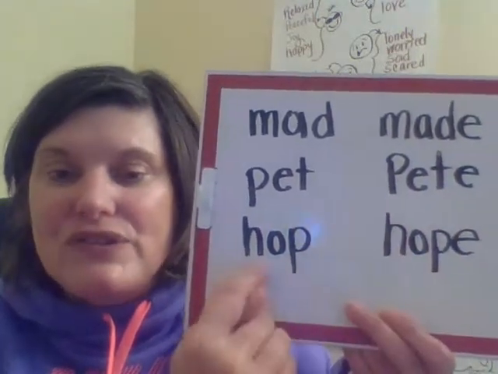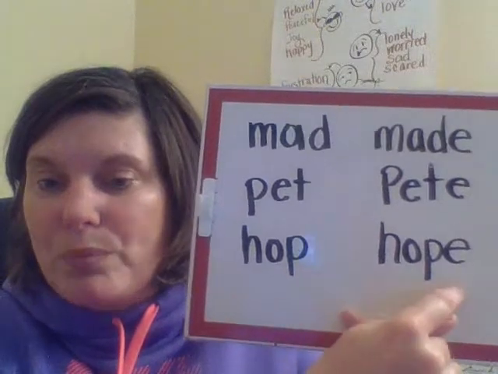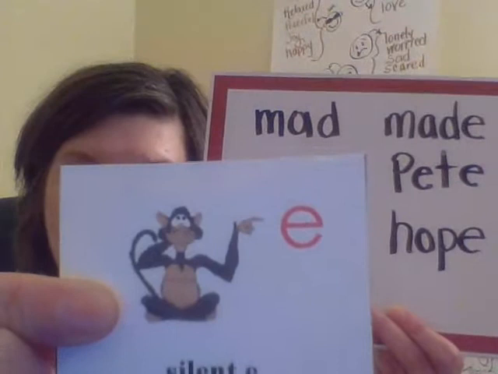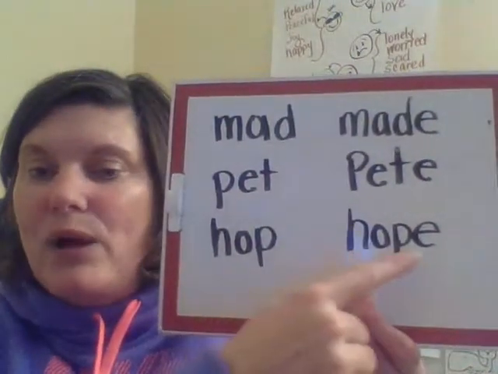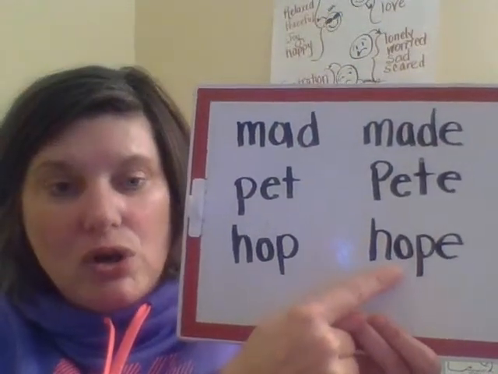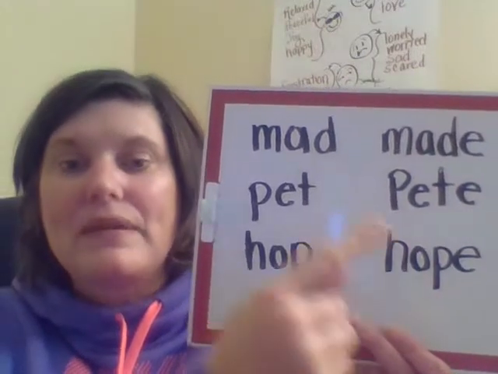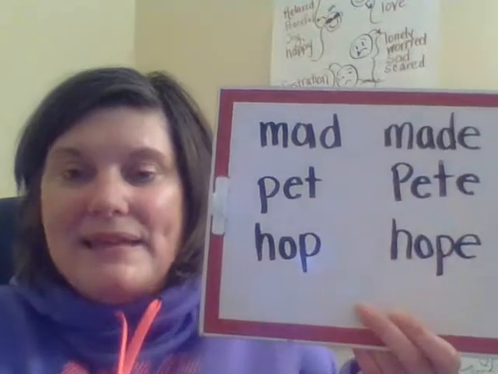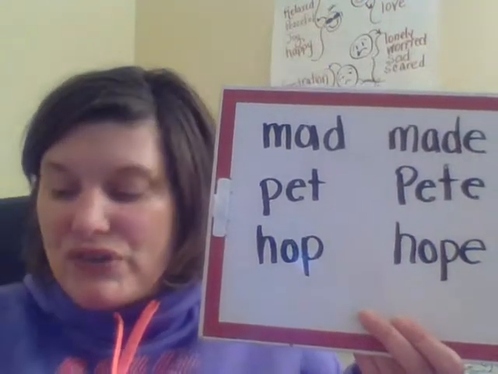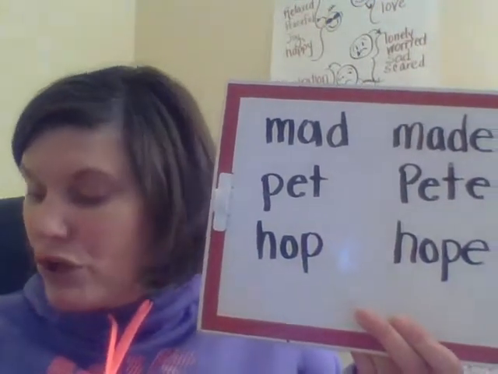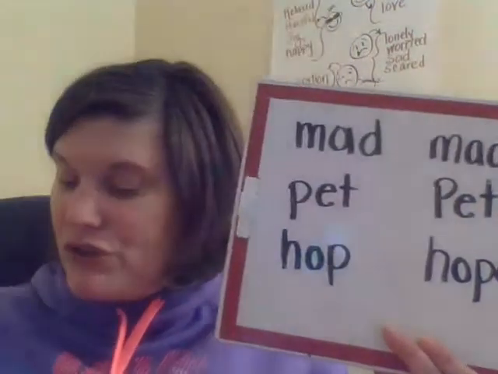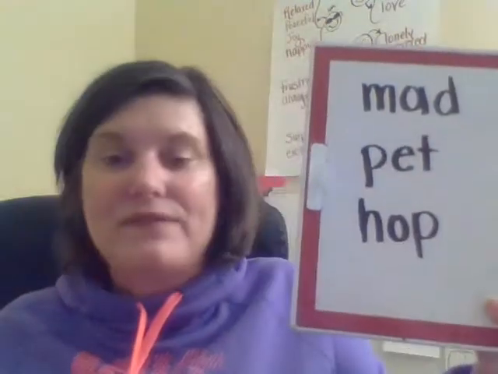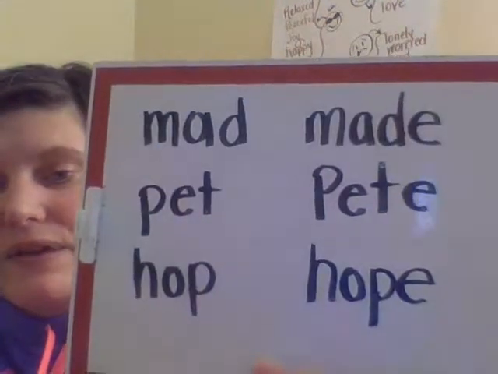And likewise, instead of hop, now we have hope, because this E is the silent E syllable type, and it's helping the vowel say its long vowel sound. So you see the difference? Just by putting an E at the end of those words, it changes it from a closed syllable type to a silent E syllable type. And so now the vowels make a long vowel sound.